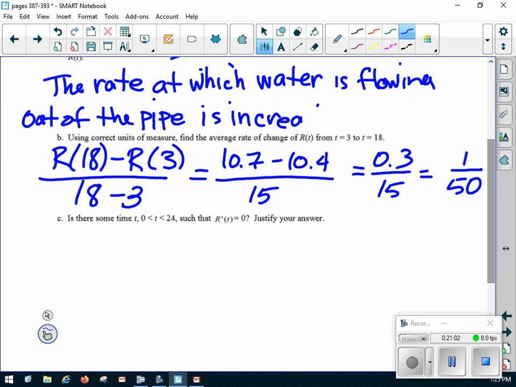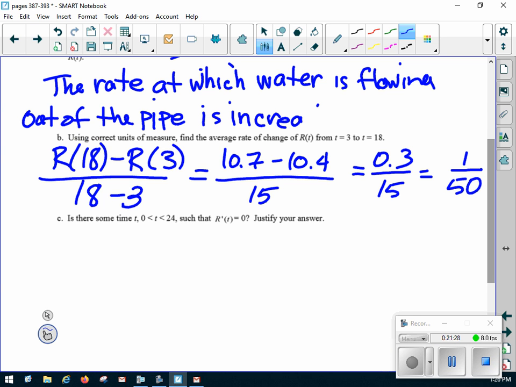The average rate at which the rate changes. Sorry, 3 over 150, which is simplified to 1 over 50.